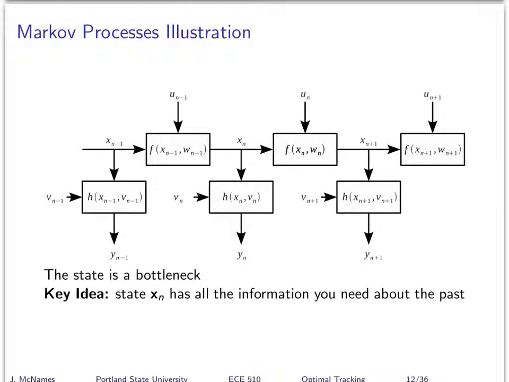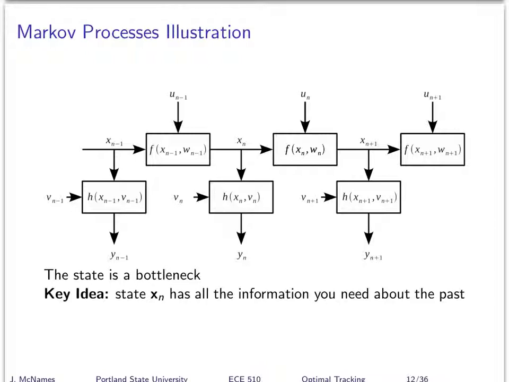This is the diagram that I ripped off of Eric Wan long ago. So here you can see this is a model of how things evolve in time. So we've got the state here at time n minus 1. We've got noise at time n minus 1. And you combine those two, and it generates what the measurement is at time n minus 1.